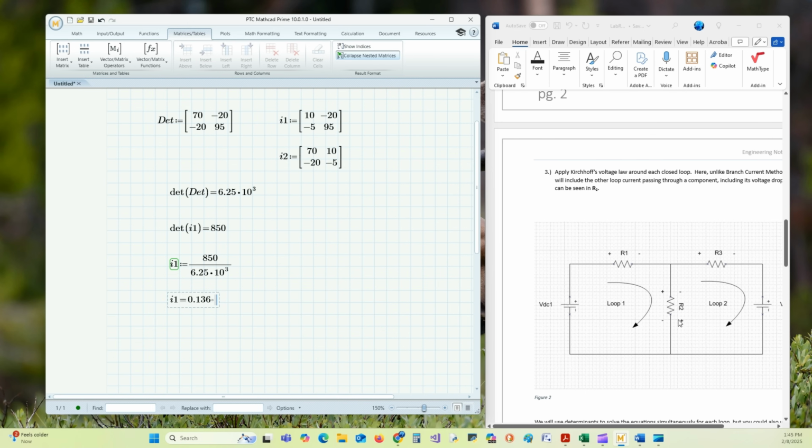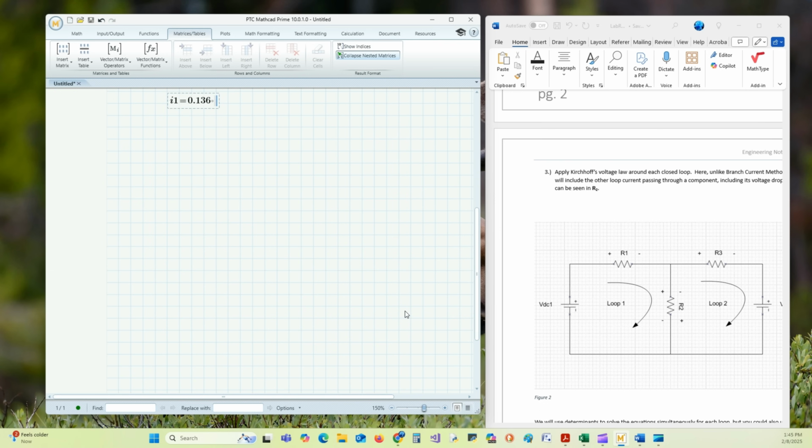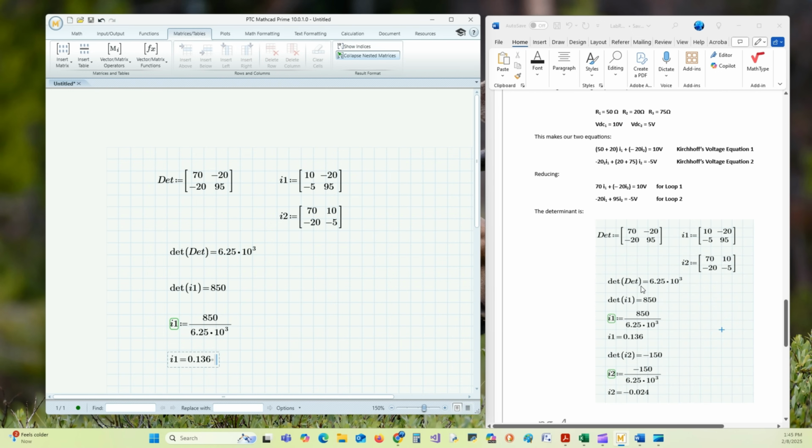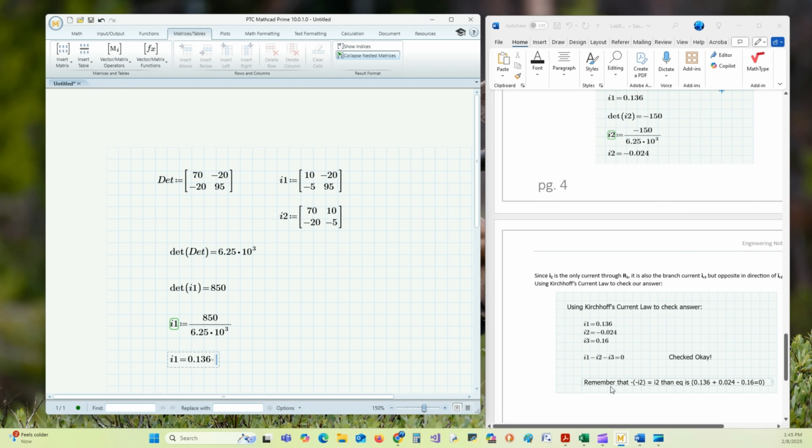This current here is I1 minus I2 current. So it's got two currents going through here. So this would be I1 minus I2 minus I3, which comes up to this equation currently. So I3 equals 0.16.